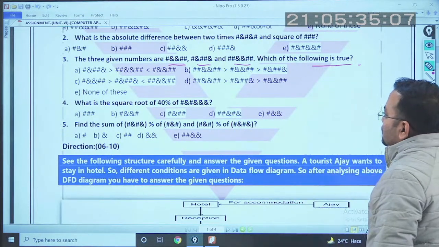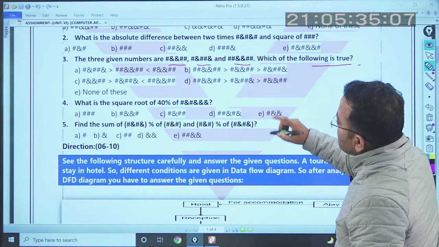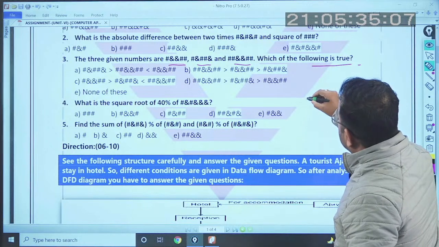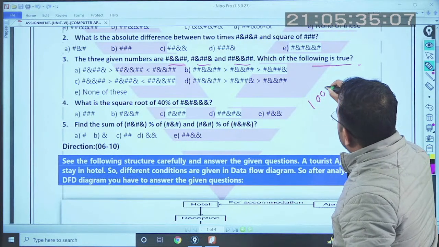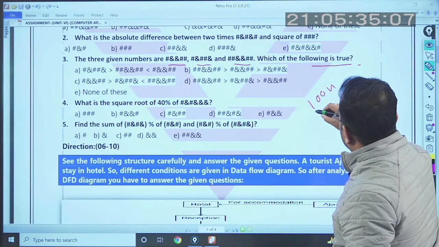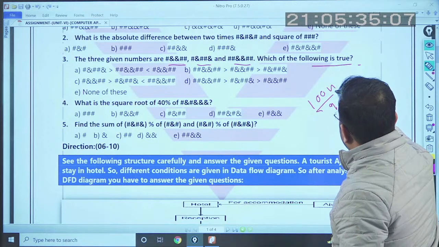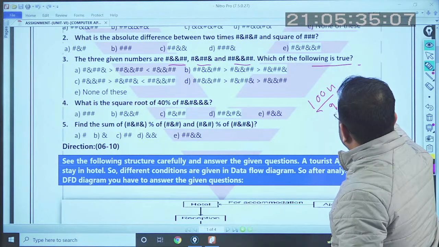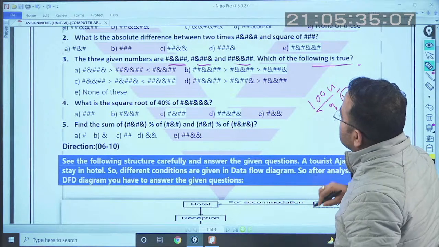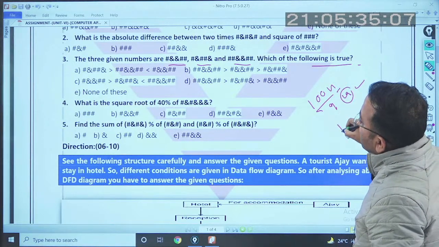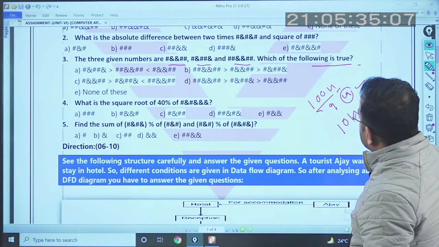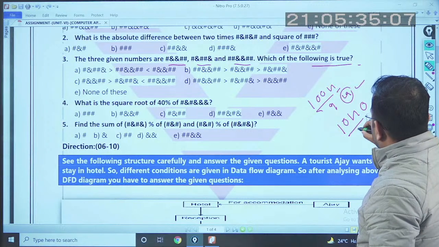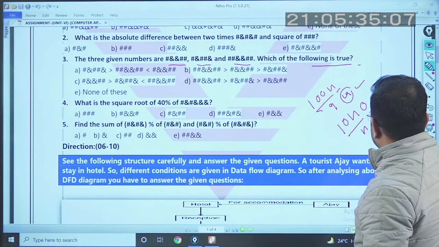Okay. So, the first number is hash and hash. So, it will be 1 0 0 1 1. What will the value be? 1 0 0 1, this is 9, and with 1 this is 19. So, first number is 19. Second is 1 0 1 1 0. So, this is 11 and this is 0, this is 22.